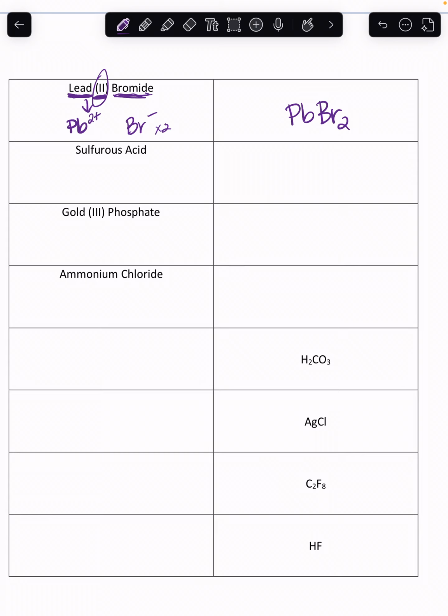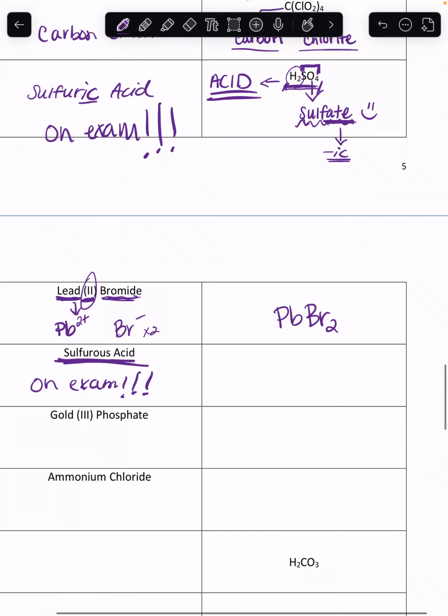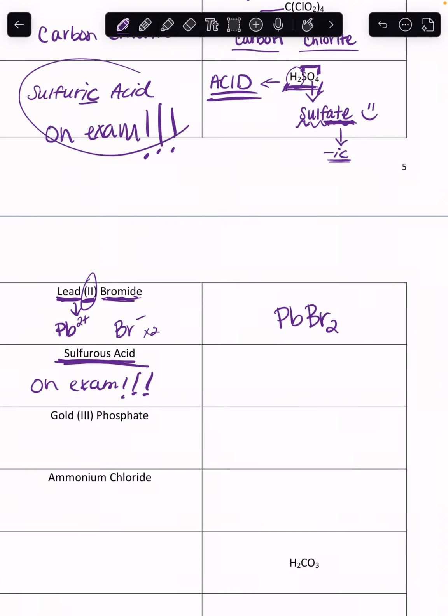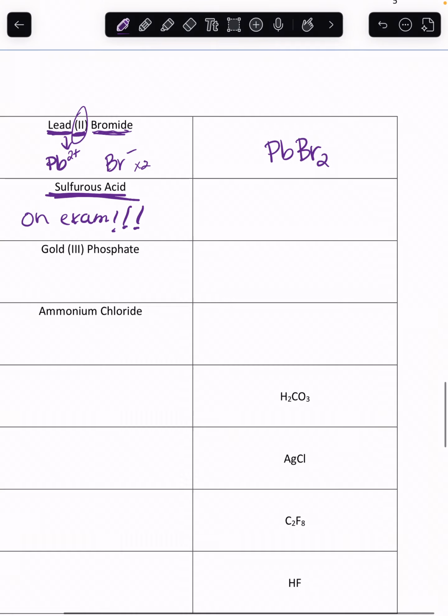Ooh, this one is on your exam too. Sulfurous acid. Now I will say, if you can figure out sulfuric acid, I challenge you to simply go back up, look at sulfuric acid's formula, and work your way from there.